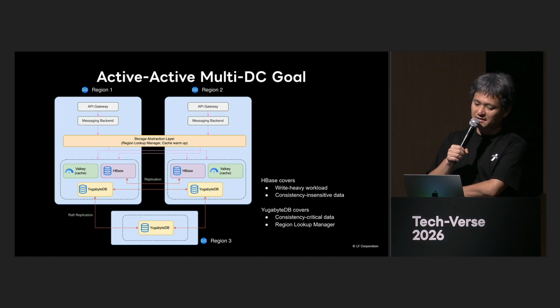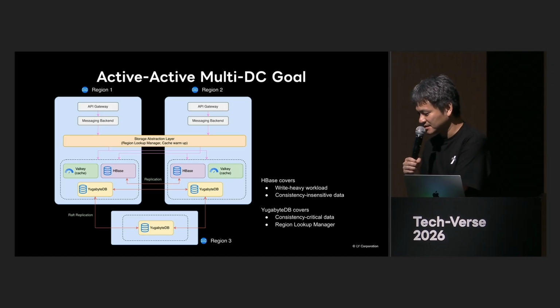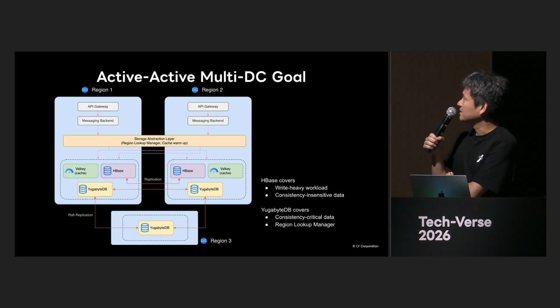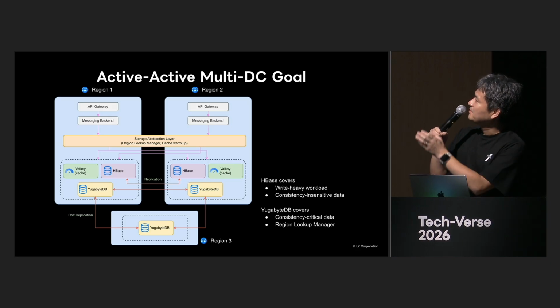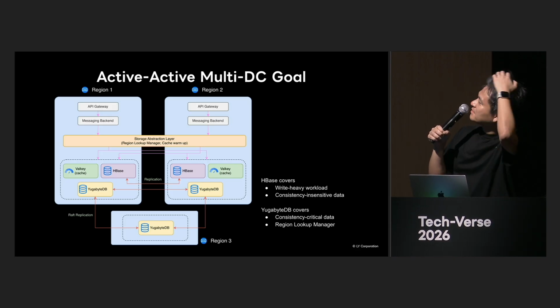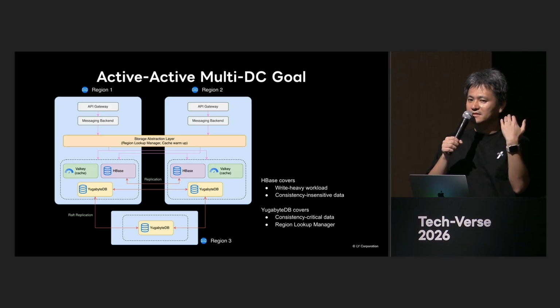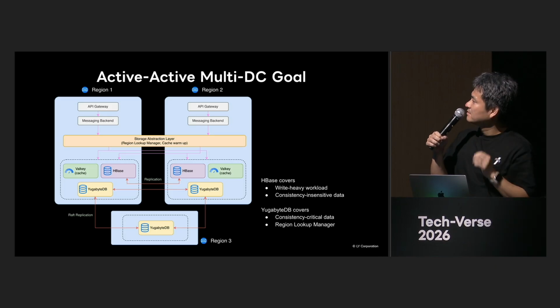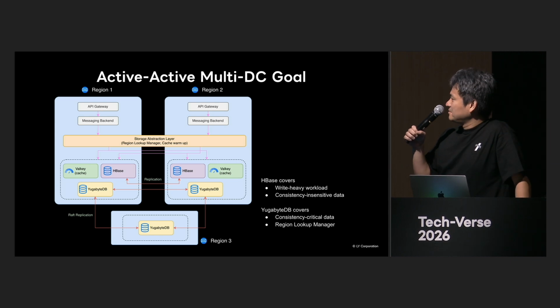Finally, to summarize the entire presentation, what we aim for is, I would like to conclude by introducing the active-active multi-data center configuration. Basically, we use data centers in two regions as active ones, and they receive user requests.